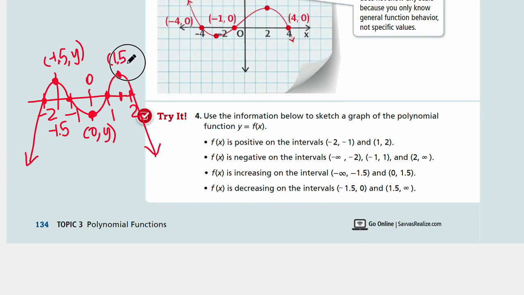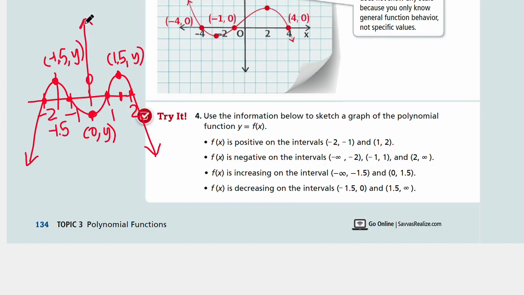So another turning point at 1.5 comma y. And you can look at the last one. It's not as important now that we have figured out all the information, but we can double check that our information is correct. It's decreasing from negative 1.5 to 0. Yep. And it's also decreasing from positive 1.5 to positive infinity. Yep. So that would be an accurate graph.